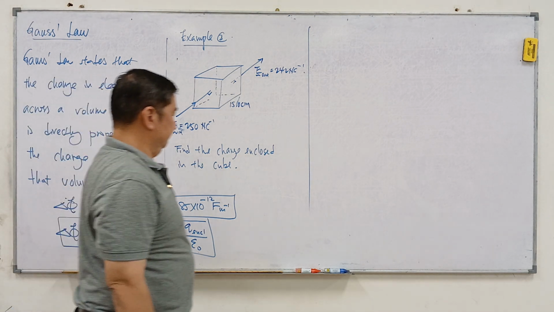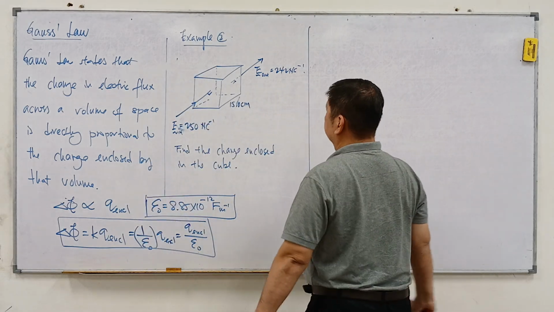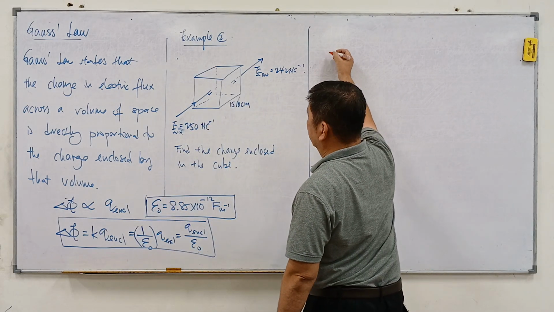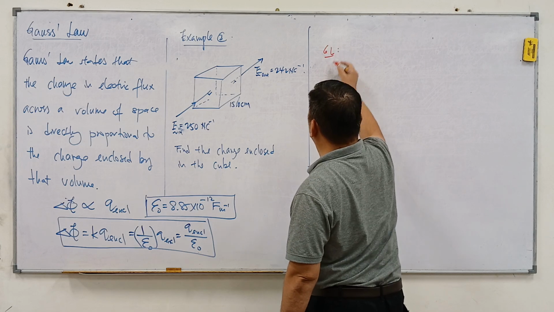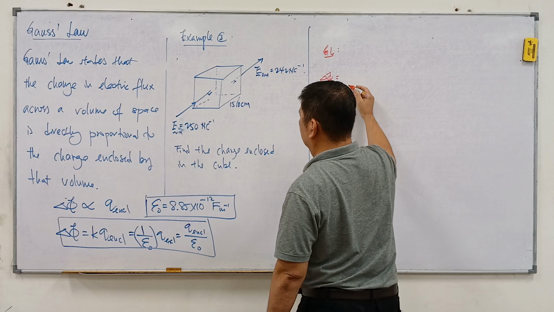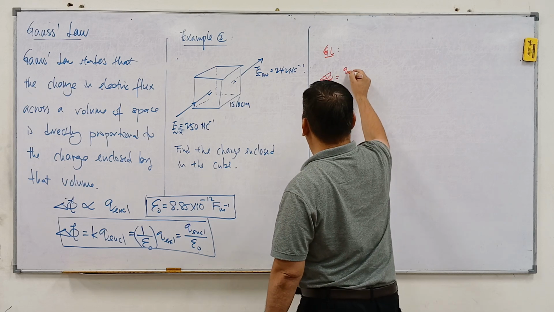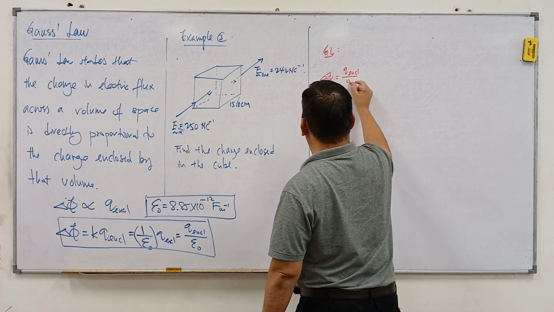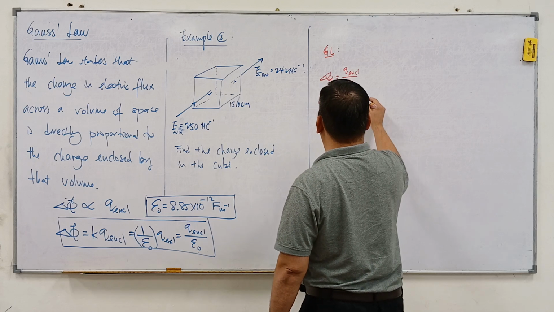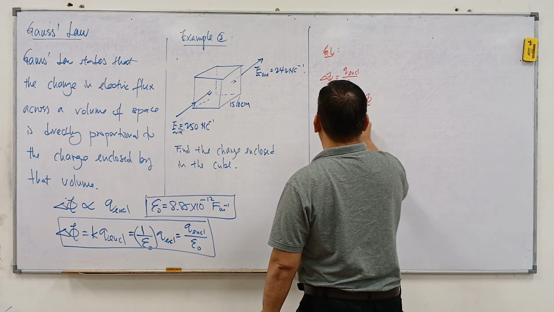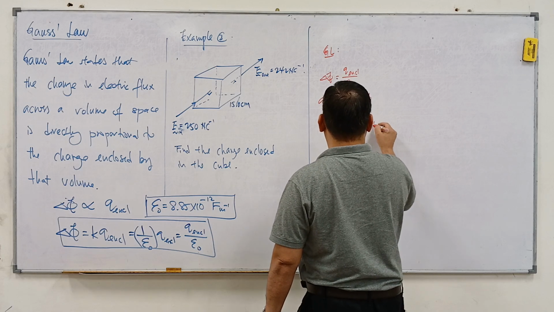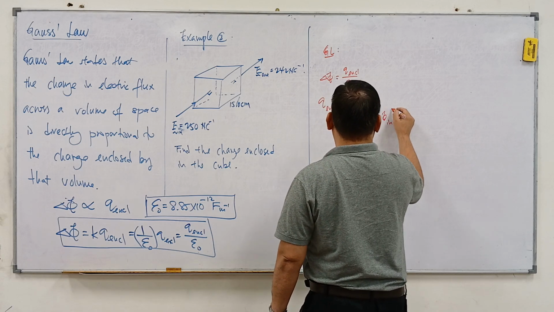Okay, answer. The formula: we're using Gauss law, right? So the formula is delta phi is equal to Q enclosed divided by epsilon naught. So our Q enclosed is equal to epsilon naught multiplied by delta phi, which is phi out minus phi in.